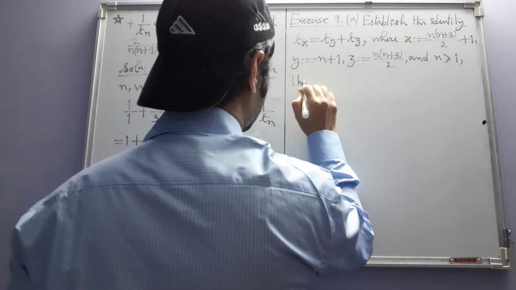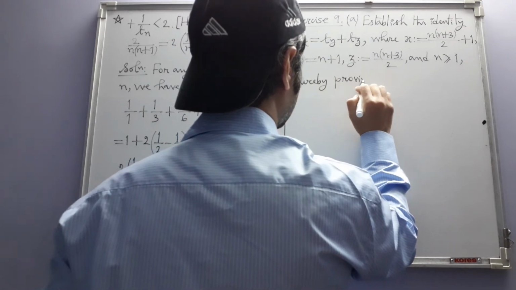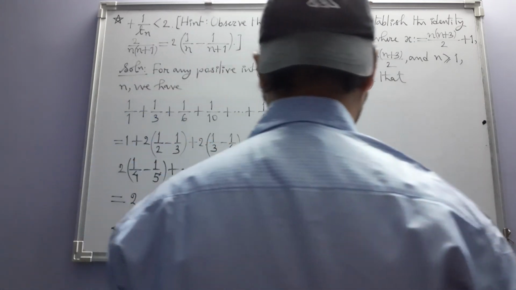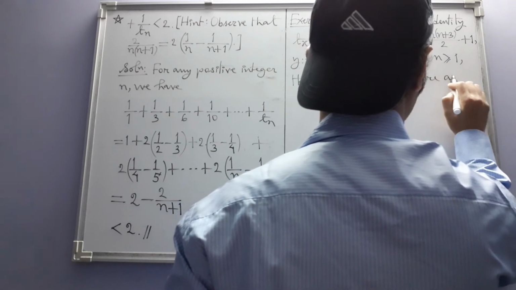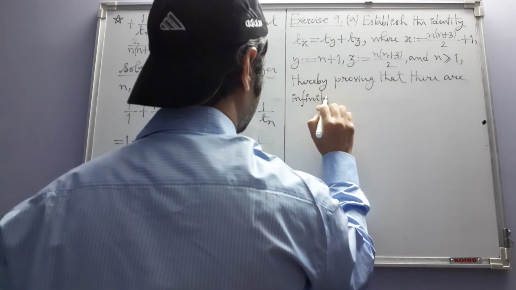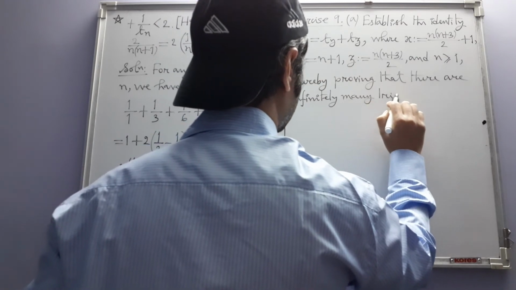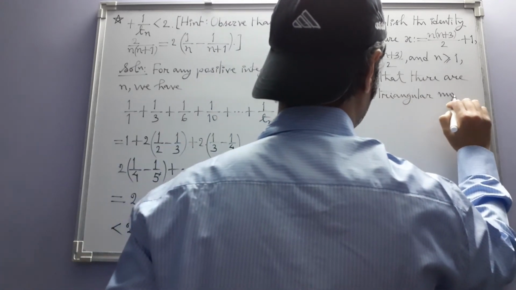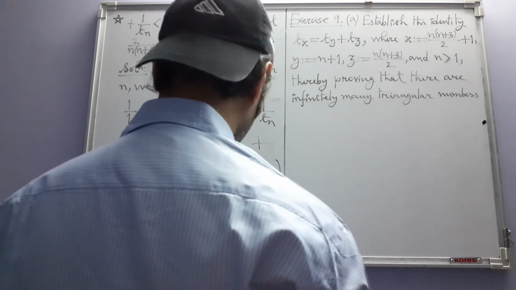Thereby proving that there are infinitely many triangular numbers that are the sum of two other such numbers.